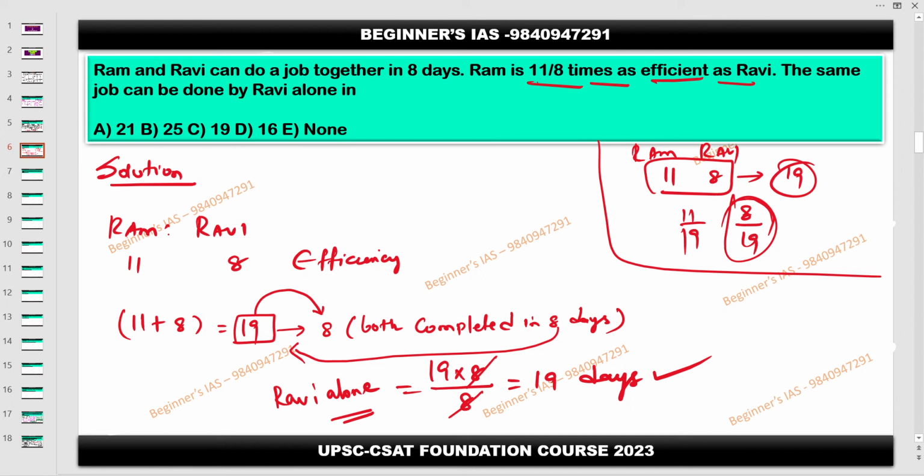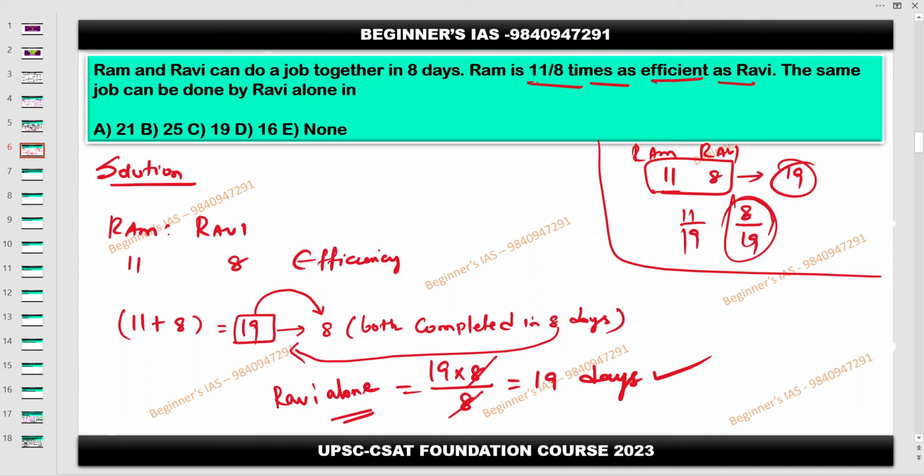Sir, could you please explain one more time? Yes, I will explain, because I'm not getting it. Fine. Please listen carefully. Ram and Ravi can do a piece of job together in 8 days. Ram is 11 by 8 times as efficient as Ravi.